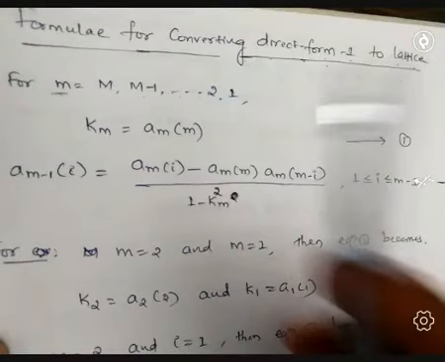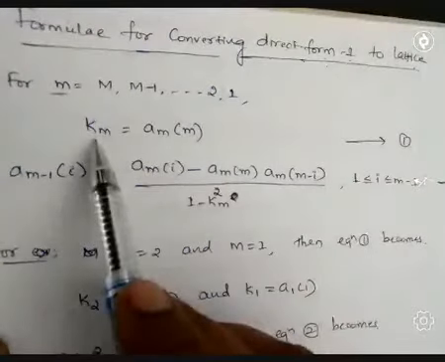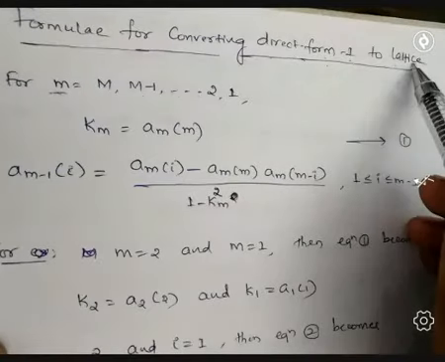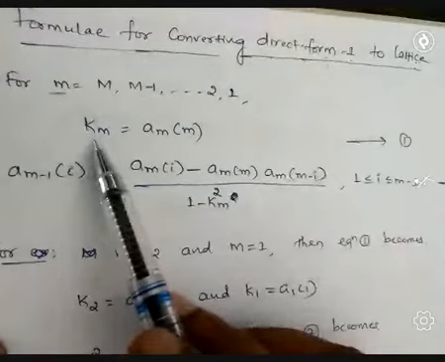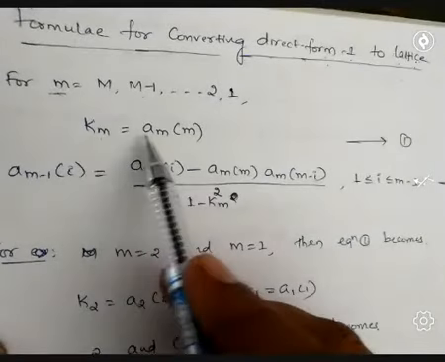And K stands for the coefficients of the lattice structure. Already we discussed that in the first order we represented K1, in the second order K2, in the third order K3, K4, K5, and so on. In general, we write Km equal to Am of m.